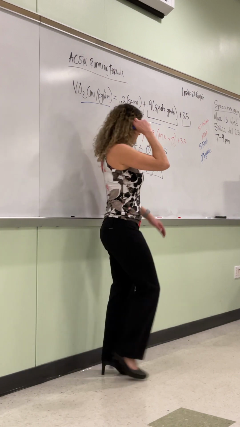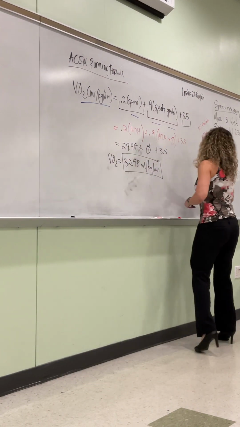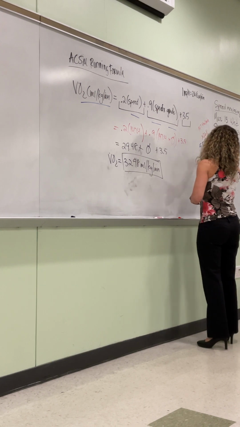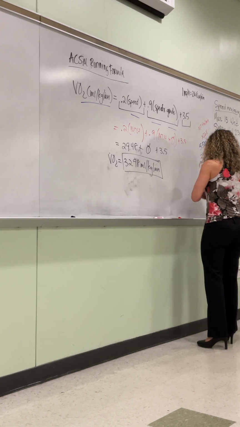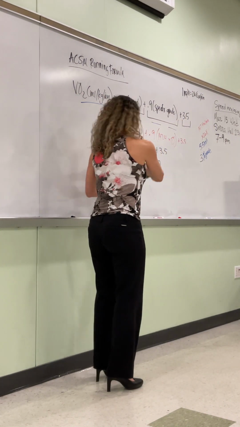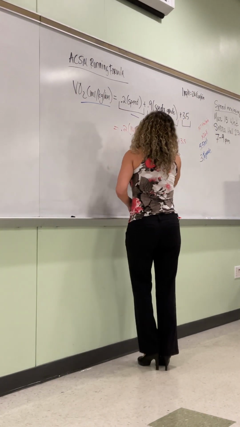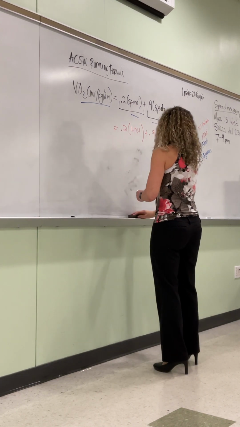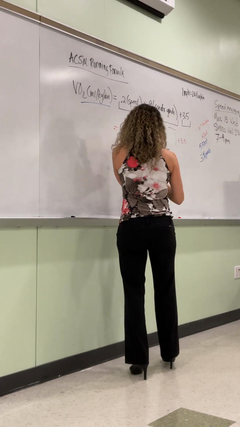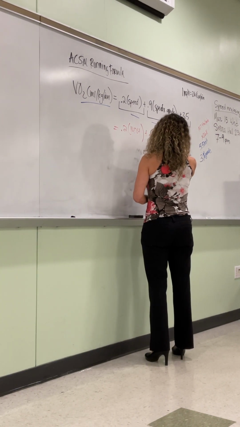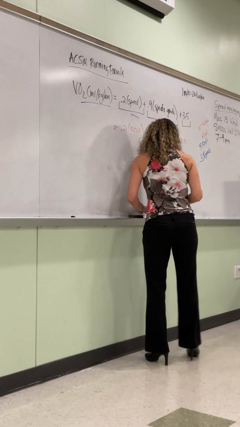Gotcha. Okay, so let's keep the 5.5 miles per hour, but let's add a 3% grade. Can I erase this? Okay, so that 147.4 is going to stay the same. What am I going to plug in for grade? 0.03.